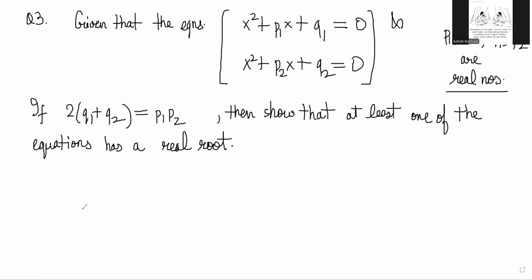Two equations are given and one condition is given. You have to show that if this condition is true, then one of the equations has a real root.